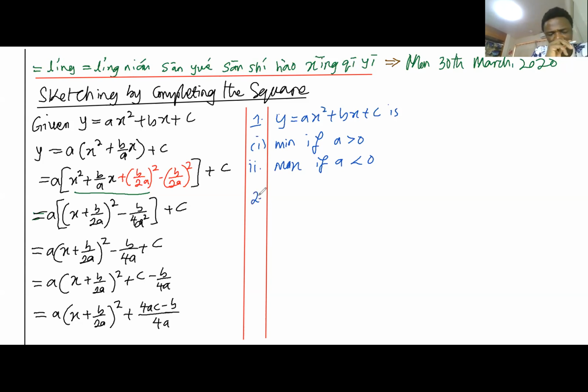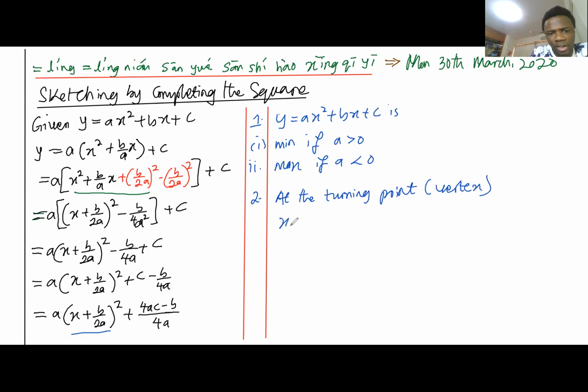That's the minimum value. When this bracket is 0, the value of this tells you the value at that turning point, which is the vertex.